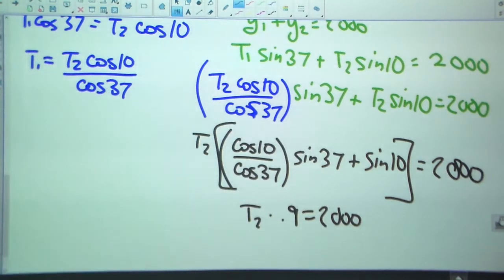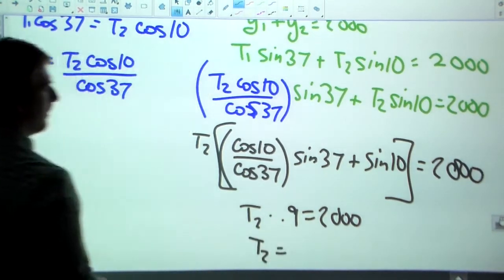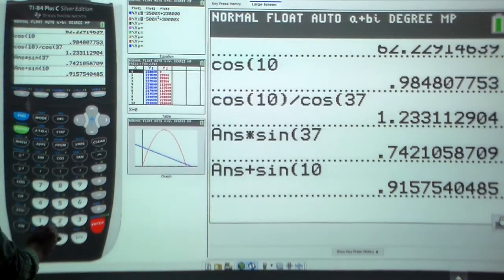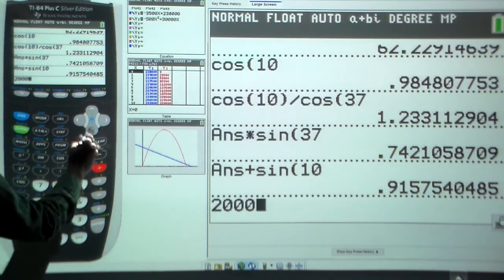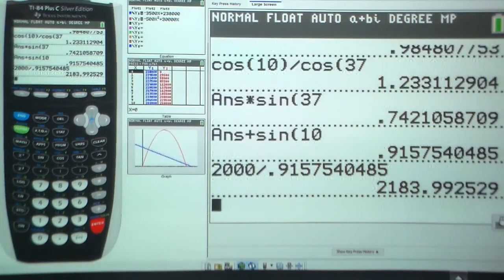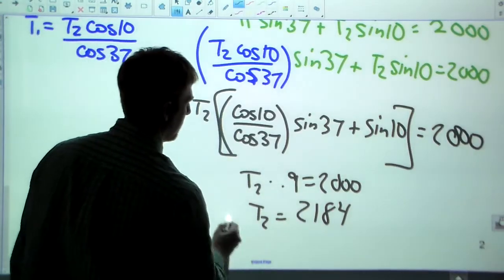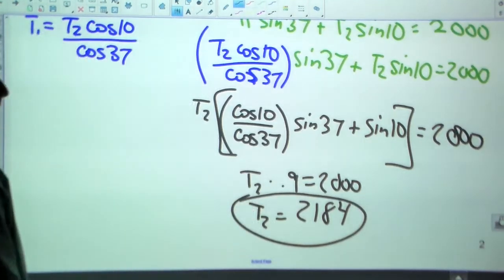All I've got to do now to solve for T2 is divide off that 0.9. So let's do that. 2,000 divided by this answer. We're getting about 2184. So the tension in line 2, or cable 2, is about 2184.